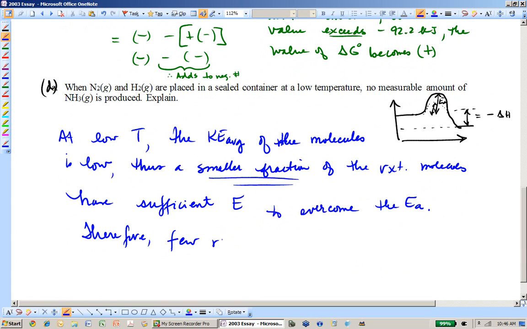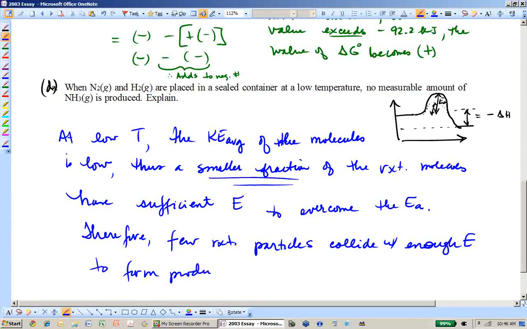Therefore, few reactant particles collide with enough energy to form products. So we're in the land of heat 'em up, speed 'em up.